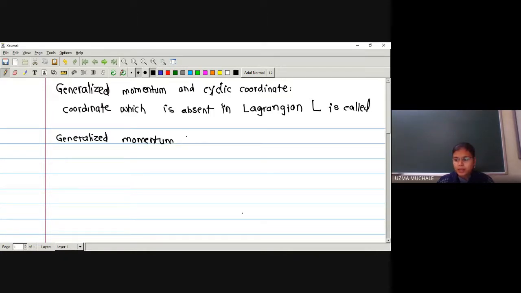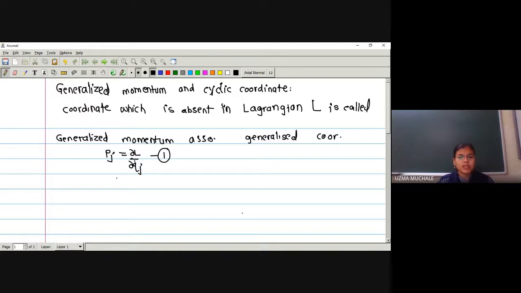Generalized momentum is associated with generalized coordinate and is given by, Pj is equal to dou L by dou Qj dot. This is what we call equation 1.